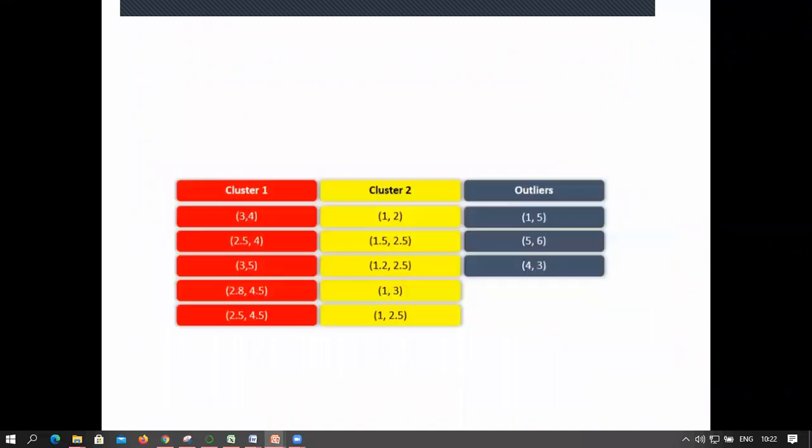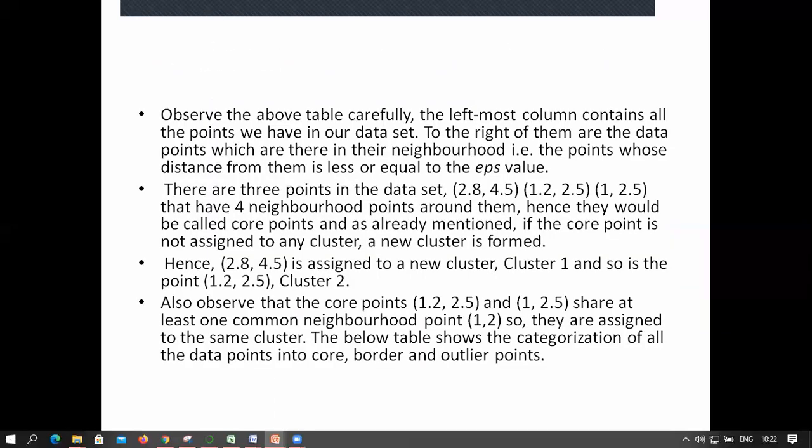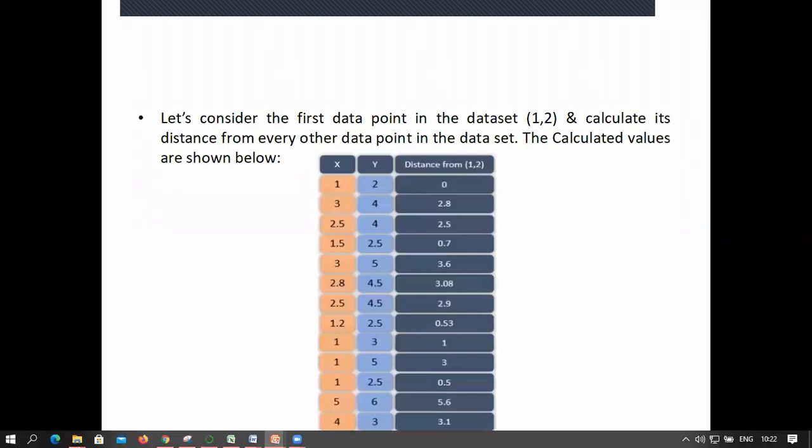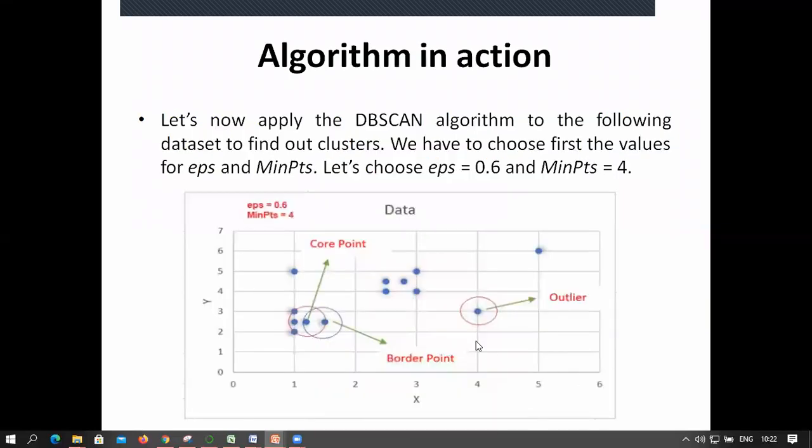Within those clusters, all these points belong to cluster 1, these points belong to cluster 2, and there are 3 outliers. That means DBSCAN is also finding all the noise. These are your outliers that are being detected by DBSCAN. But if you're using k-means and hierarchical, they won't be able to find these outliers or this noise.